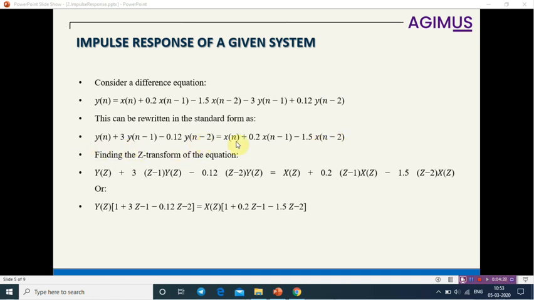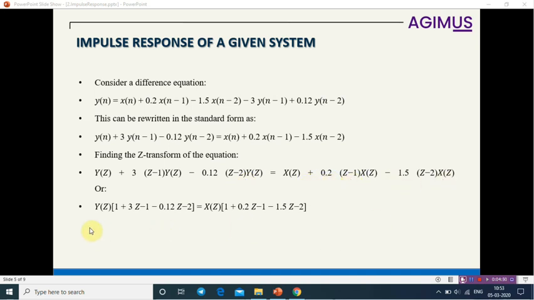Based on this equation, we'll be applying what is called the z transform. So y of n becomes y of z, 3 into y of n minus 1 becomes 3 into z minus 1, y of z. Similarly you will be able to get the corresponding equation, or we can directly write y of z, which is common, and x of z, which is common.